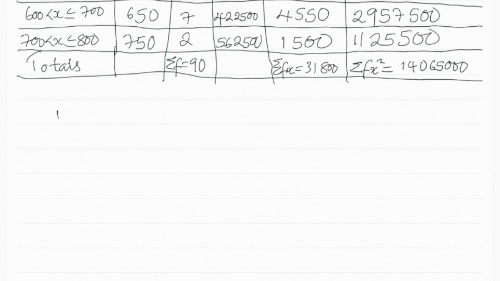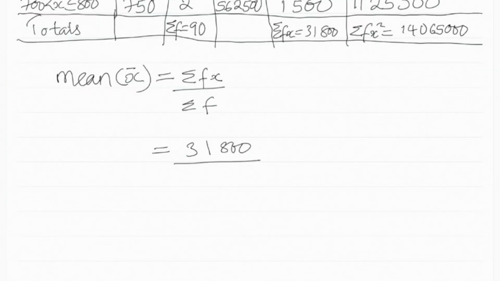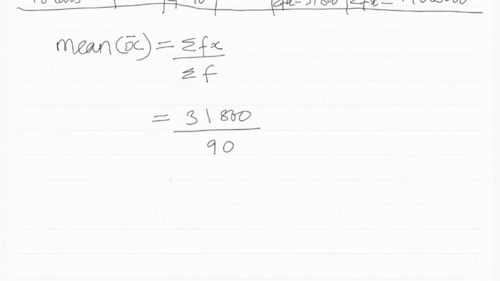Now this information that you have obtained will help you find the mean of the given grouped data in the question. So mean, therefore, which is given by x bar, equals simply the summation of fx over the summation of f. And then what is the summation of fx? It's 31,800, everything over the summation of f, which is 90.